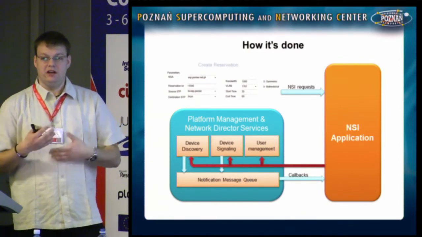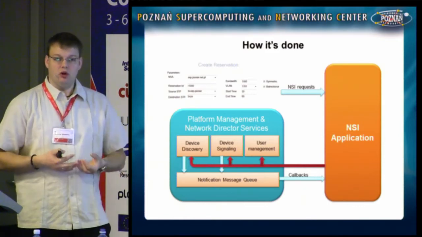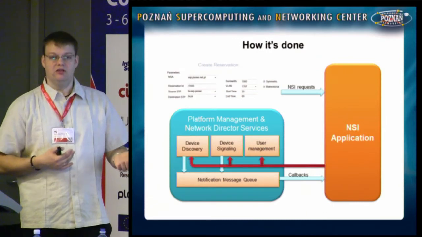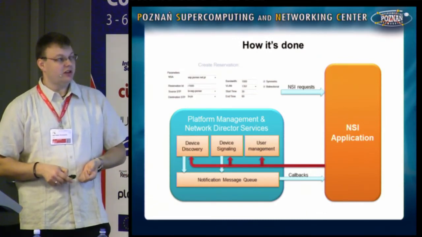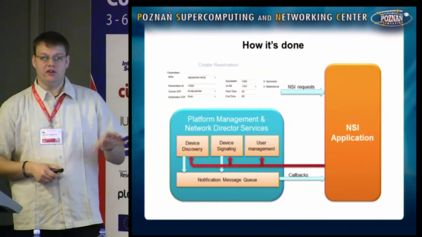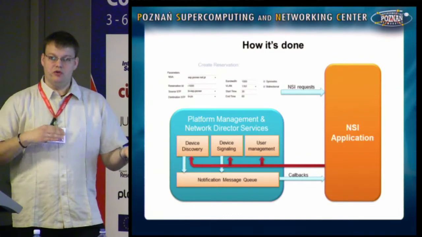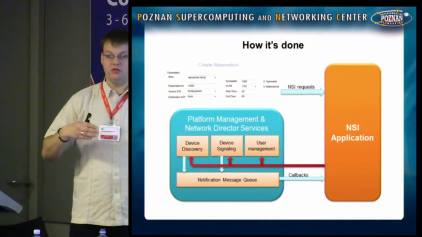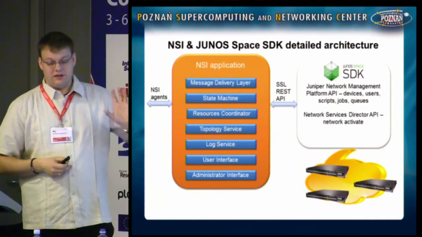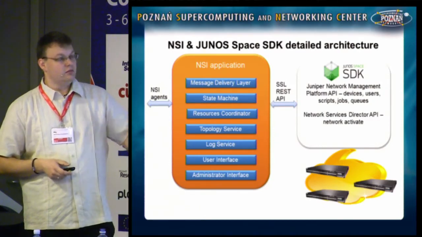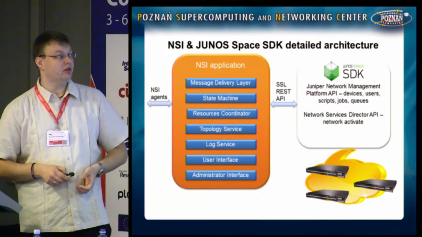So in case anything goes wrong with the network, you have some issues, for example the topology was changed and there's an alert that the link goes down or whatever, you can have information back to the NSI application so it's aware of the things that are going on in the network. So it's a feedback system. You can configure the network, but on the other hand, you can get information of what's going on in it.